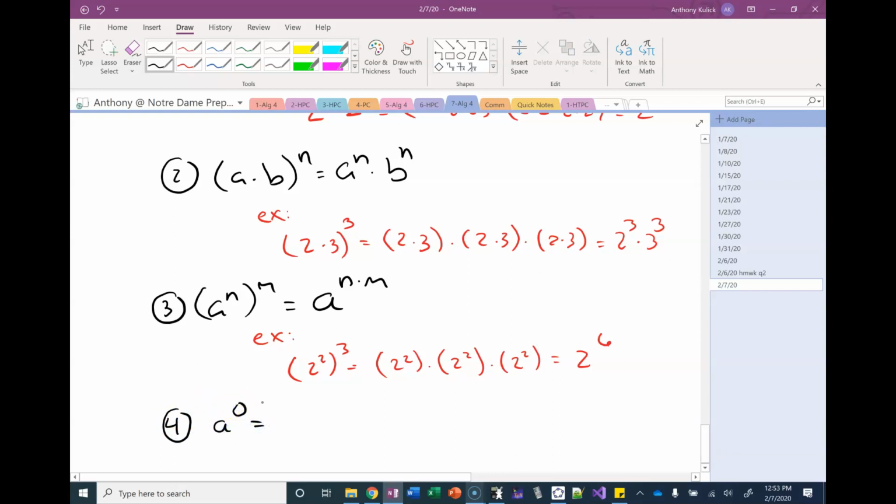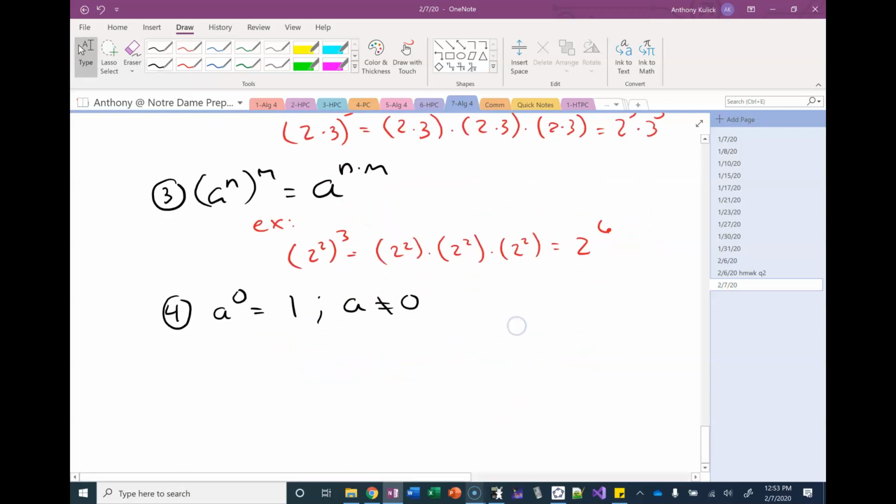A to the 0 is equal to 1, provided that a is non-zero. I'm going to circle back to the explanation on that because these next 3 properties in a row are all interrelated.